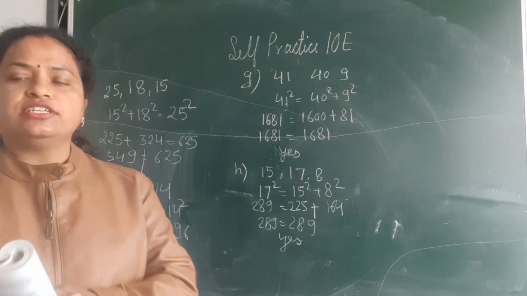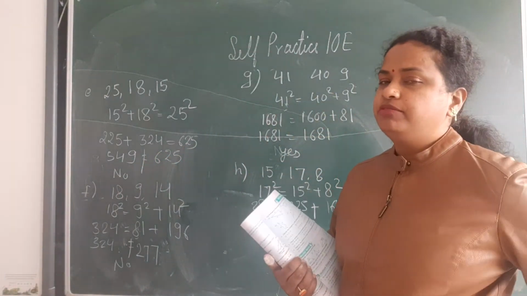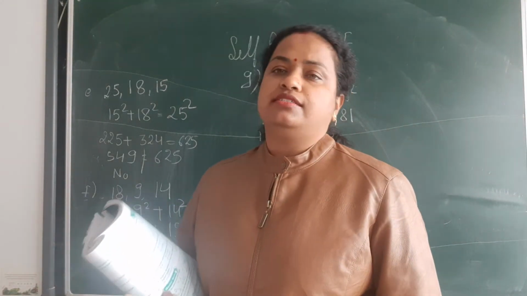Both are equal to each other, so it is also following the Pythagorean triplet. Following the Pythagorean triplet means a square plus b square should be equal to c square.